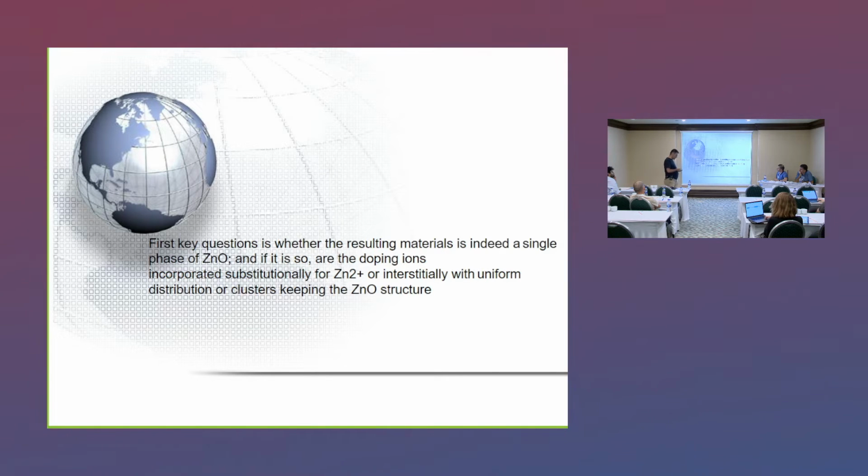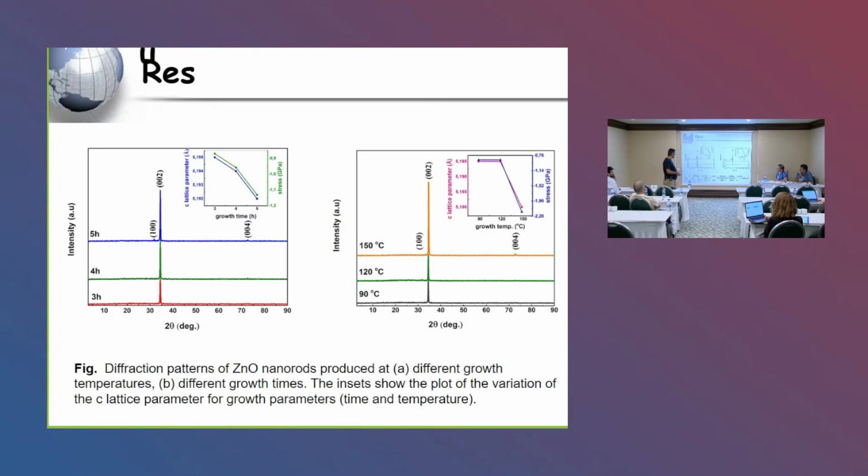That's why we use XRD to check for a single phase, but it is not enough. We need to check with the Rietveld refinement method also. Look at these results from the XRD. There is only a single peak. This is the c-direction peak, and this is the single phase.